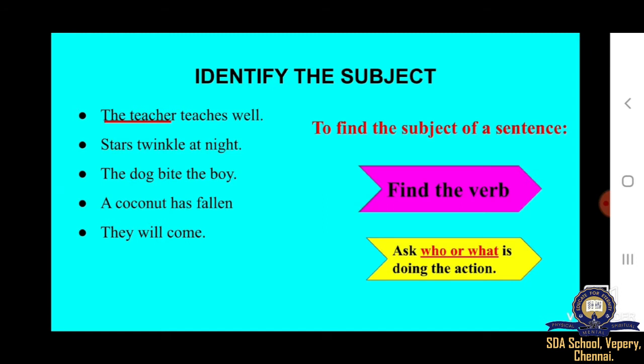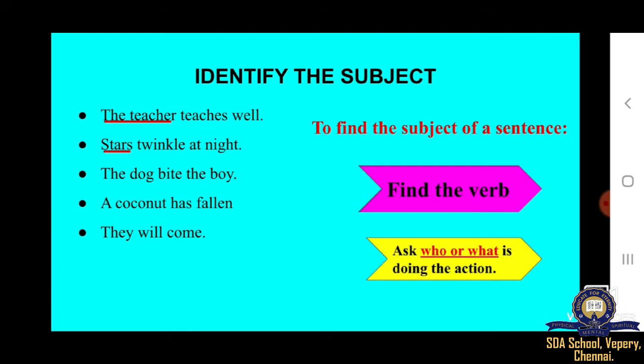And the next sentence: stars twinkle at night. Here, what is the verb? Yes, twinkle. If I ask who or what twinkles at night, the answer is stars. So here the stars is the subject.